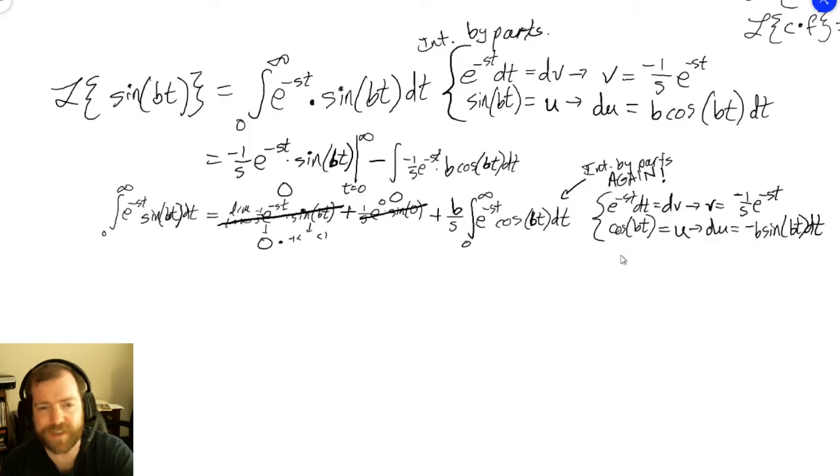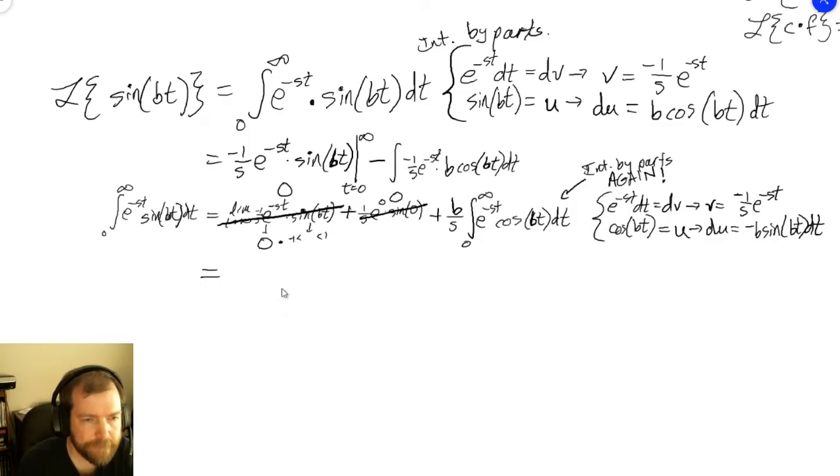All right, so when we take that, this is all 0, so we can ignore it. Now we get a b over s out front.